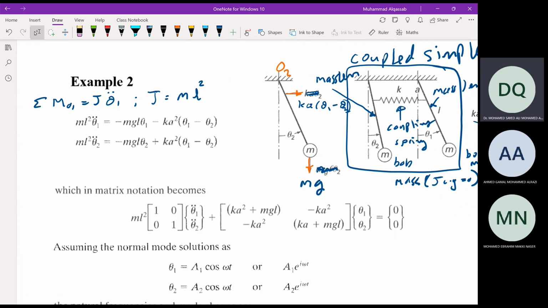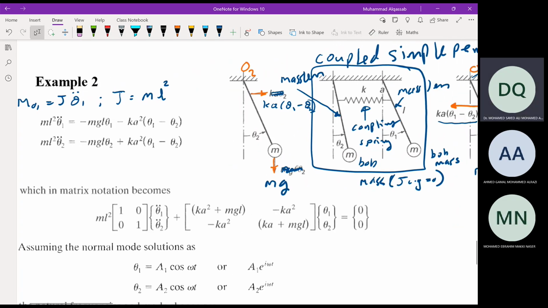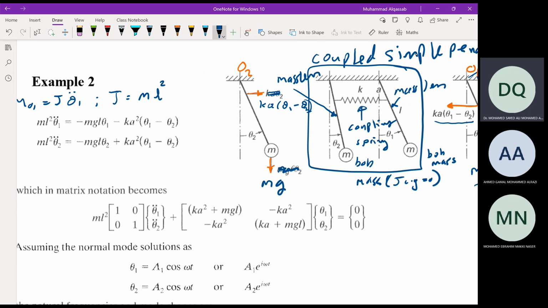Okay, for the forces, we take counterclockwise positive, which is the direction of theta 1 and theta 2. Both are counterclockwise positive. Then the moment counterclockwise is positive. So we have ML square theta 1 double dot minus MGL theta 1 minus KA square theta 1 minus theta 2.